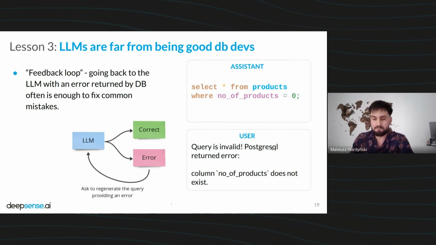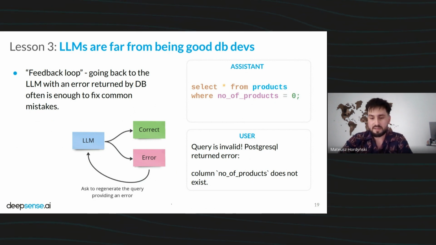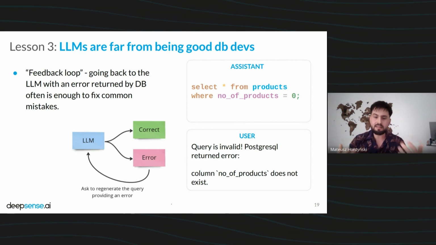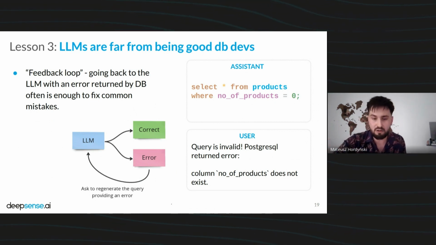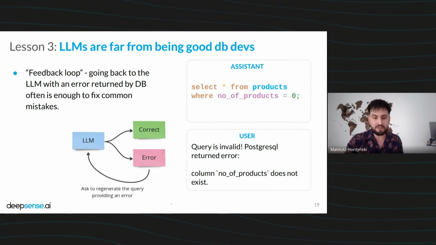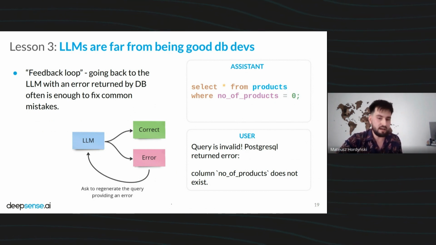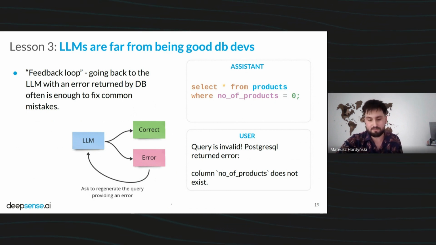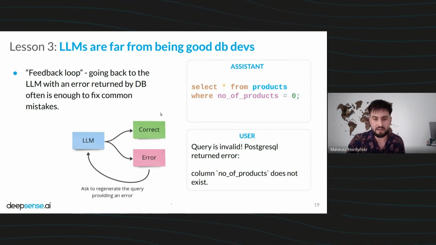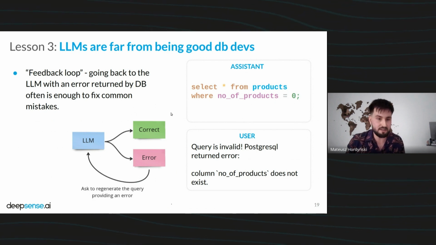But rather than failing the whole process, we added an extra message to the conversation with the model, saying that the query is invalid. Postgres returned an error: column number of products does not exist. After that, maybe the model will generate the correct query. You can repeat that process, for example, 3 times. From my experience, if the model can't generate a valid query after the 3rd time, probably it can't generate it at all. So 3 is a good number of retries here.